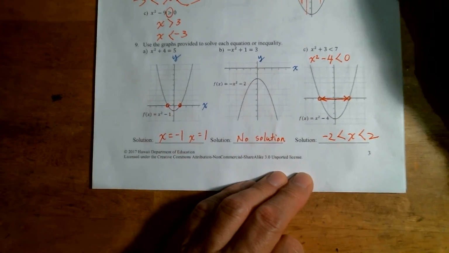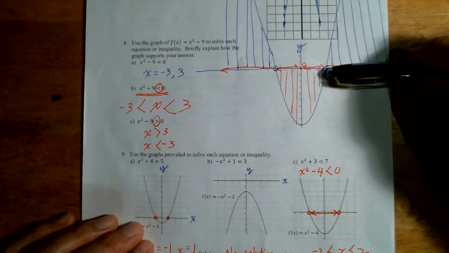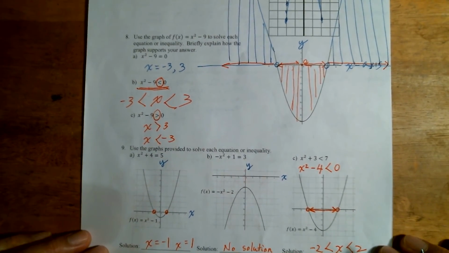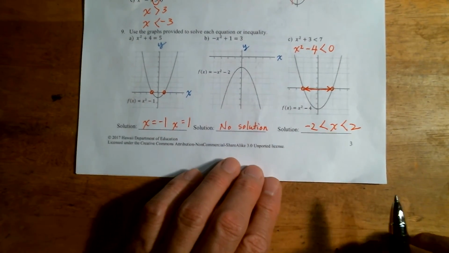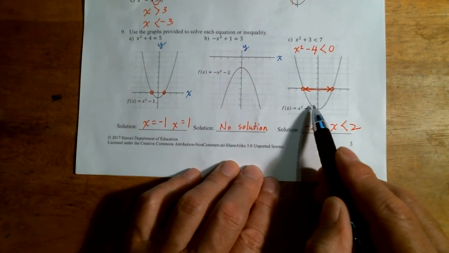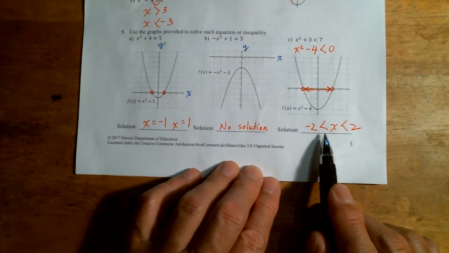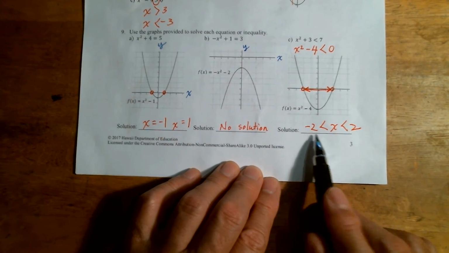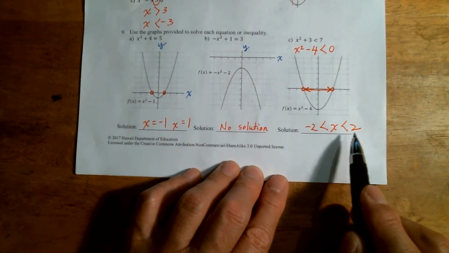So again, just like the problem above, you see this dip right there? Those are the negative values of the parabola from the x-axis. So this one would be similar in that light, except these points are going to be negative 2 and 2. For example, this is in between negative 2 and 2.